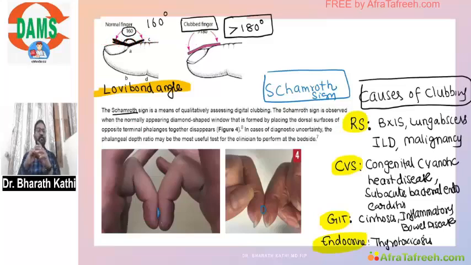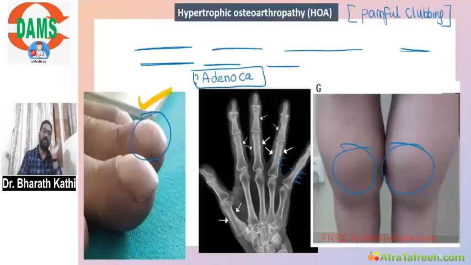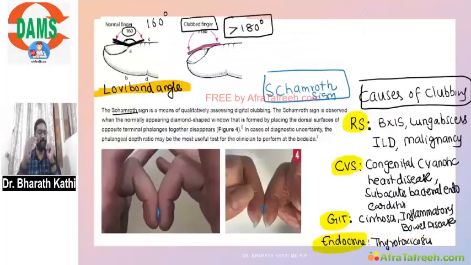Few examiners will be asking about the grades of clubbing. Again, grades of clubbing are not uniform in all textbooks. A recent article in Lung India has given grades of clubbing in a different manner. Usually grade 1 is the obliteration of the angle between nail bed and nail base.